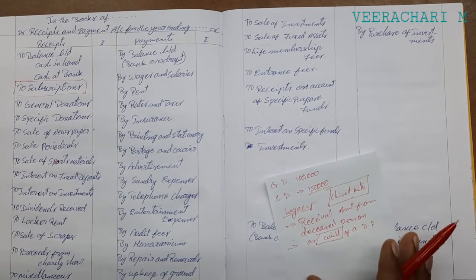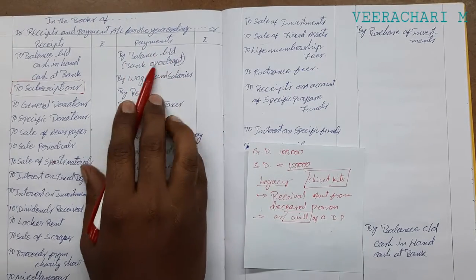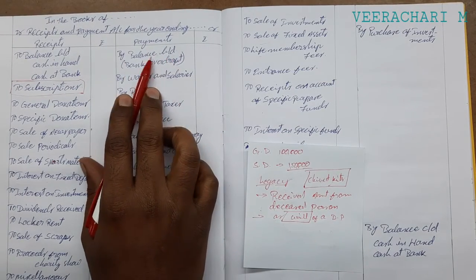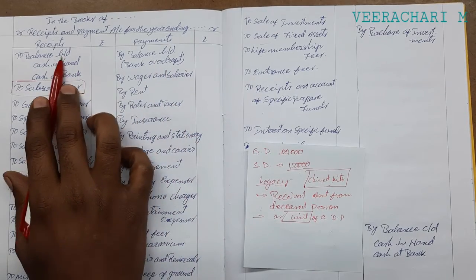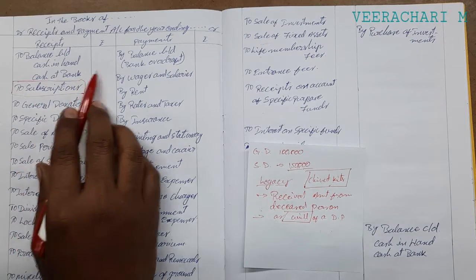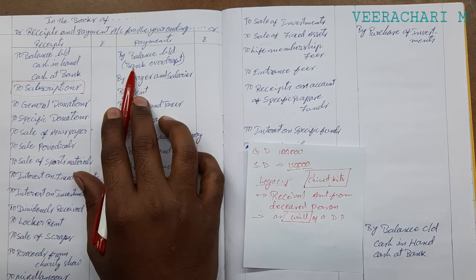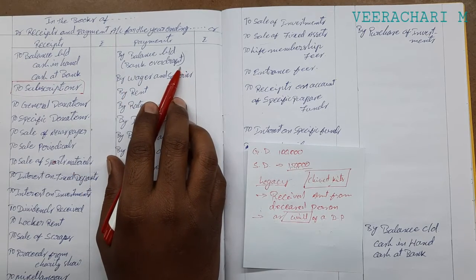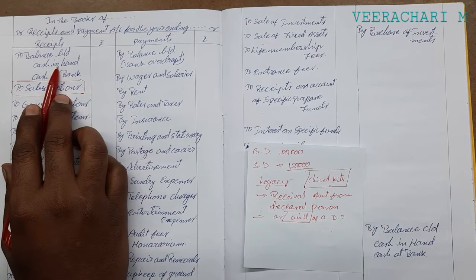If you come to the payment side, there is the balance brought down, that is the opening balance, and whether there is any bank overdraft. On the debit side, the balance brought down is the opening balance of cash in hand and cash at bank. On the credit side, I have written balance brought down as bank overdraft, because cash is never negative in our hand.